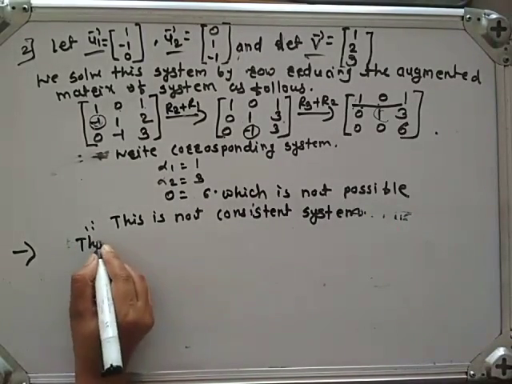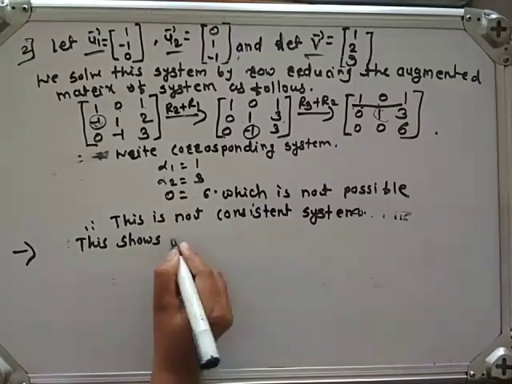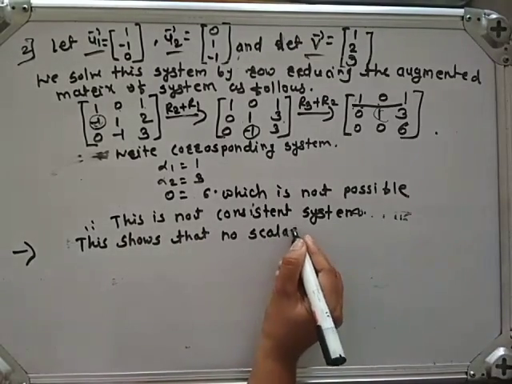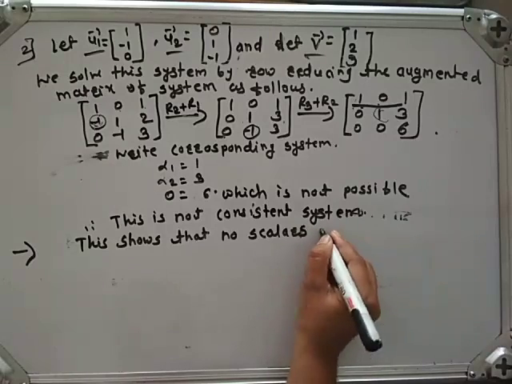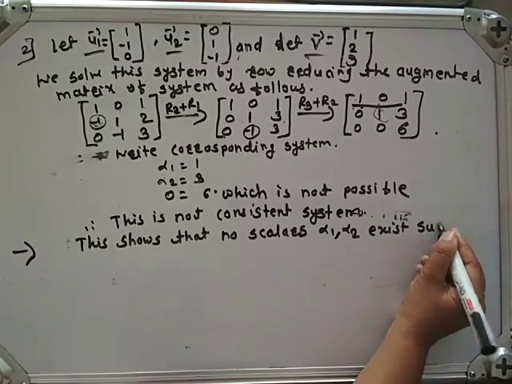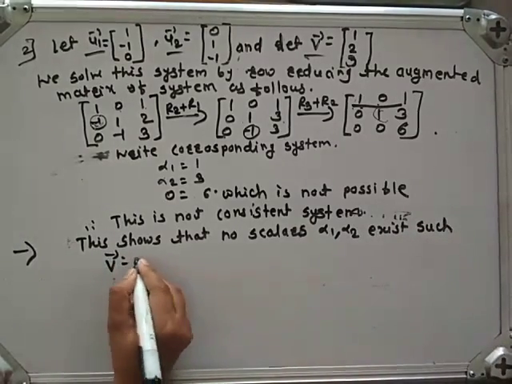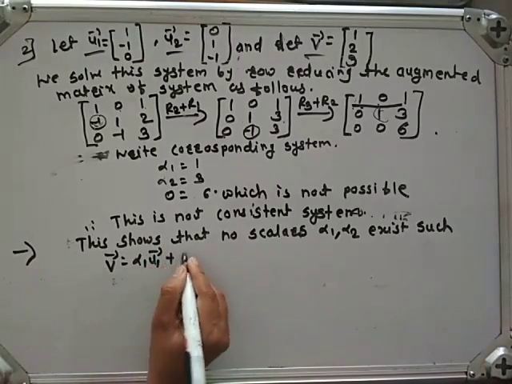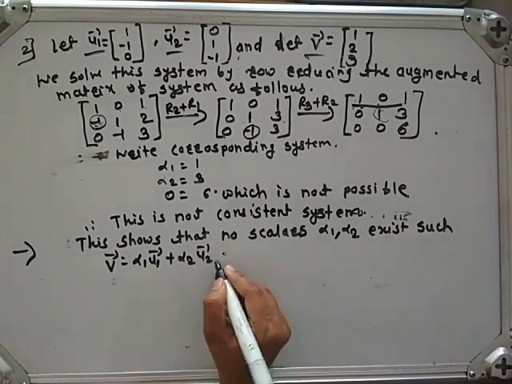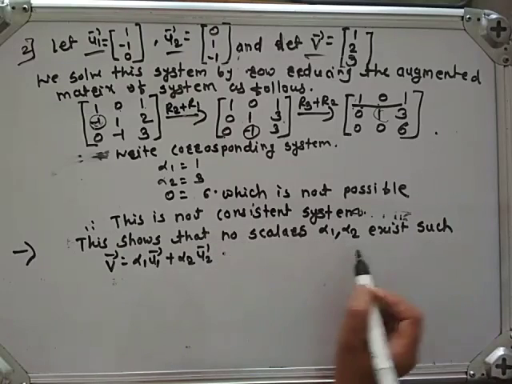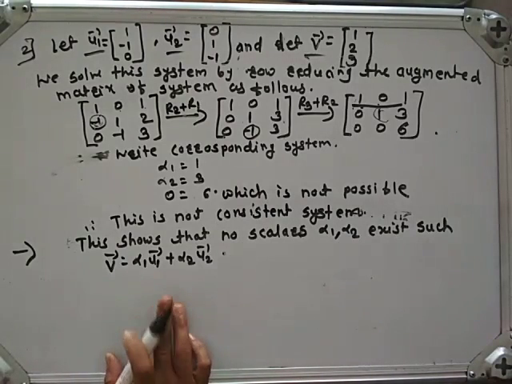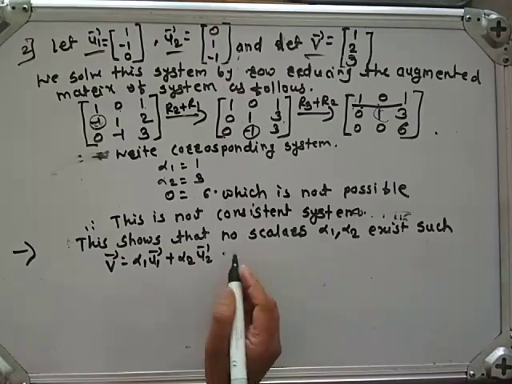This shows that no scalars alpha 1, alpha 2 exist such that V bar is equal to alpha 1 into U1 bar plus alpha 2 into U2 bar.